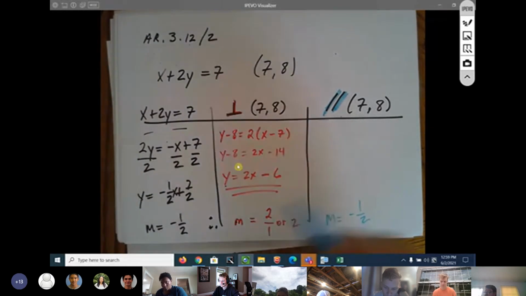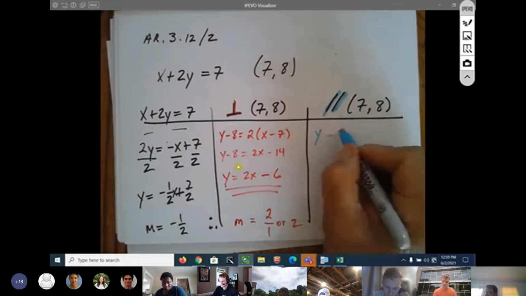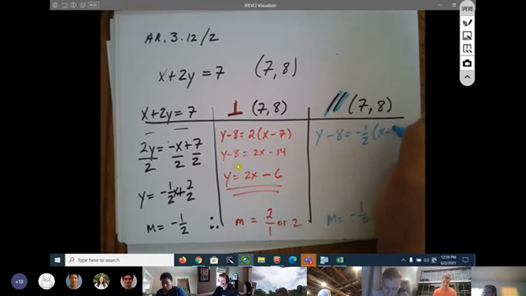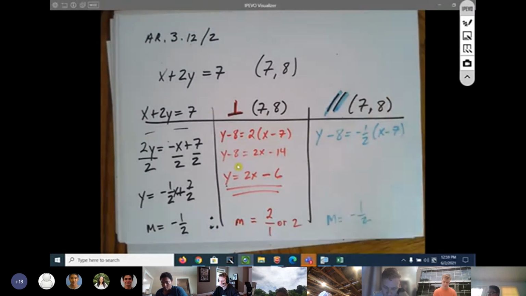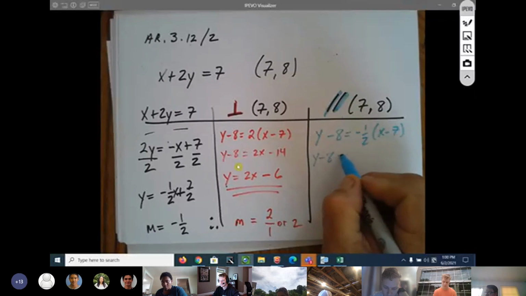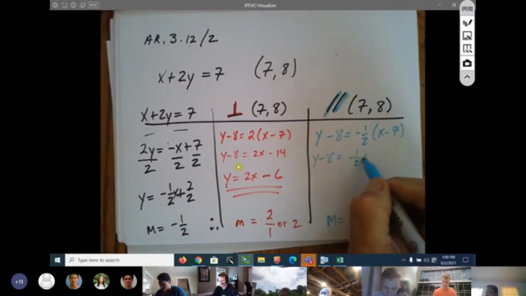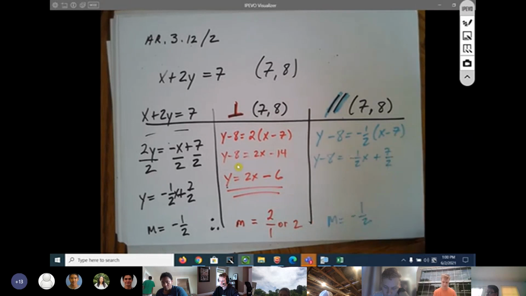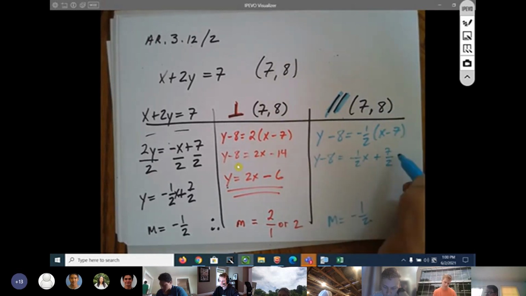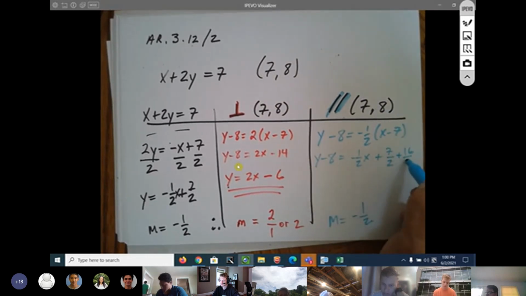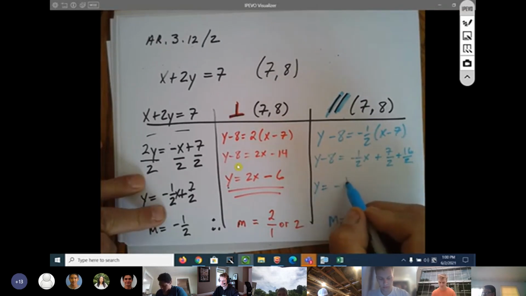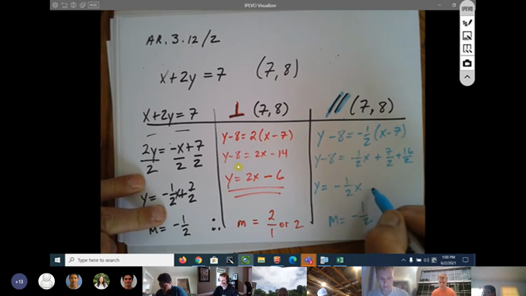And y minus 8 is equal to negative 1/2 times x minus 7. y minus 8 is equal to negative 1/2 x plus 7/2, and add 16/2, and y is equal to negative 1/2 x plus 23/2.